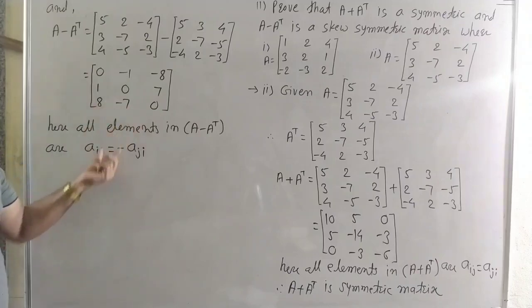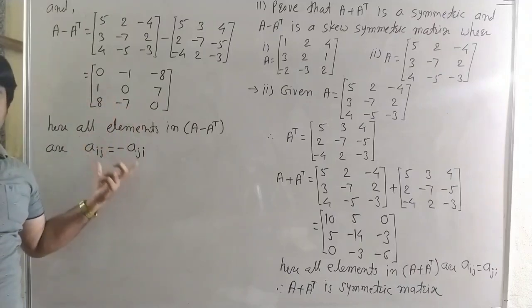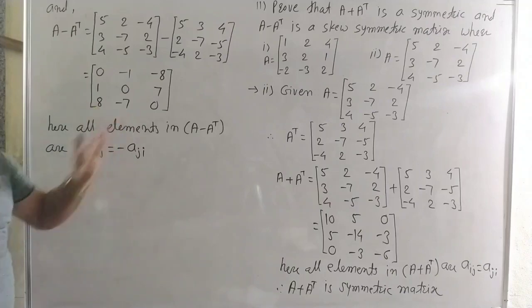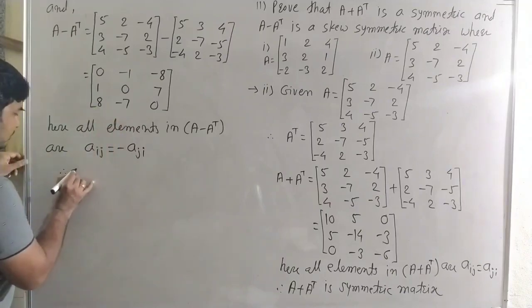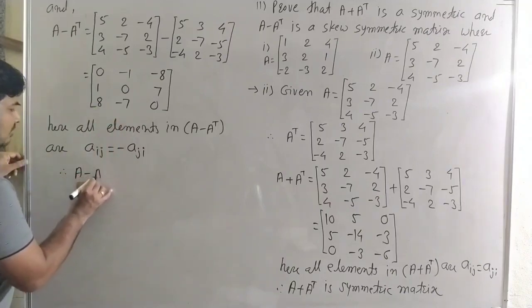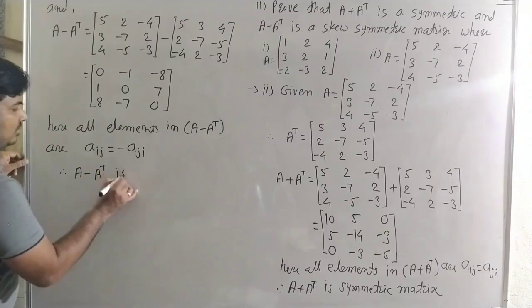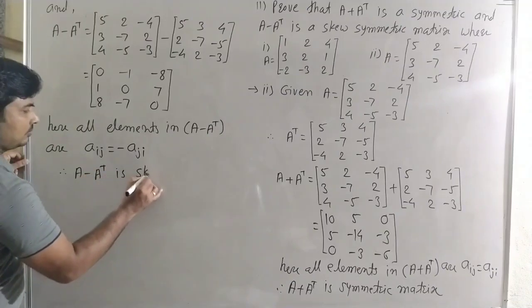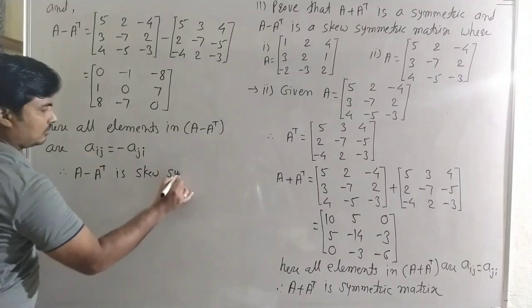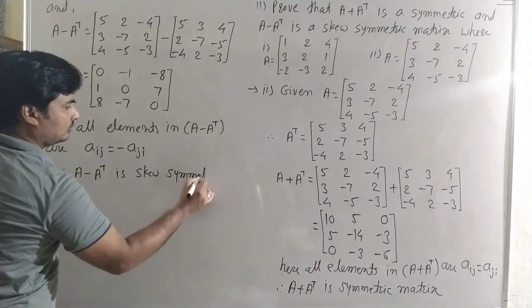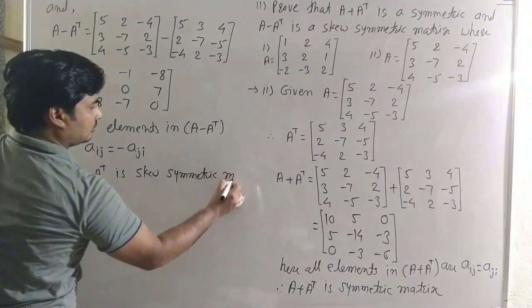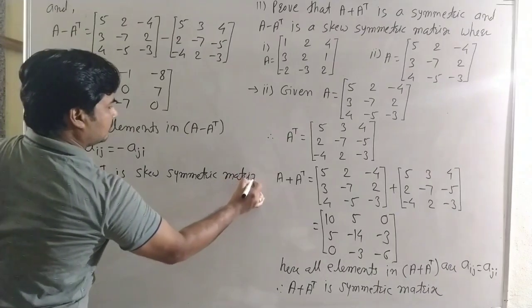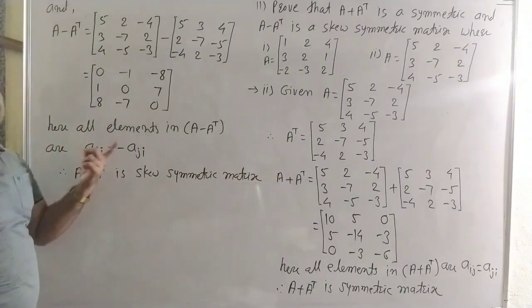Okay, here it satisfies the conditions of the skew symmetric matrix, and therefore A minus A transpose is skew symmetric. It is a skew symmetric matrix.